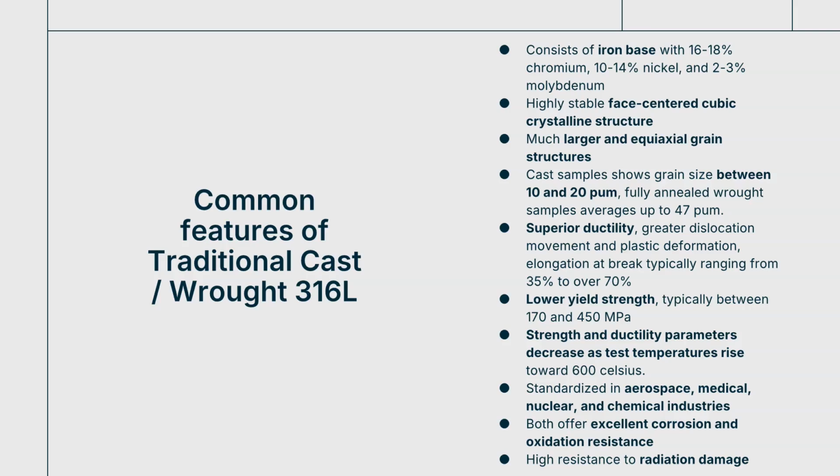The grain sizes are usually from 10 to 20 micrometers, with a fully annealed Wrought sample averaging up to 47 micrometers. They also offer superior ductility, for example offering greater dislocation movement and plastic deformation, with the elongation at break ranging from 35% to over 70%. They also offer a low yield strength, typically between 170 to 450 megapascals.